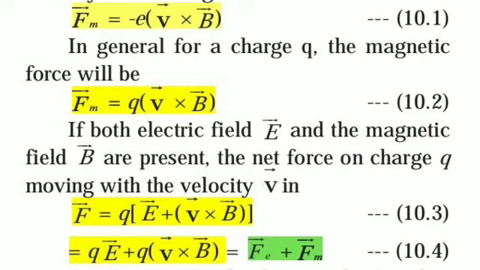If both the electric field, vector E, and the magnetic field, vector B, are present, the net force on a charge q moving with velocity vector v is, that is final, the net force vector F is equal to q times the bracket of vector E plus vector v cross vector B. So when you open the bracket, we have q vector E plus q times vector v cross vector B. That is, finally the net force is equal to the electric force, vector Fe, plus the magnetic force, vector Fm, where Fe is the electric force and Fm is the magnetic force.